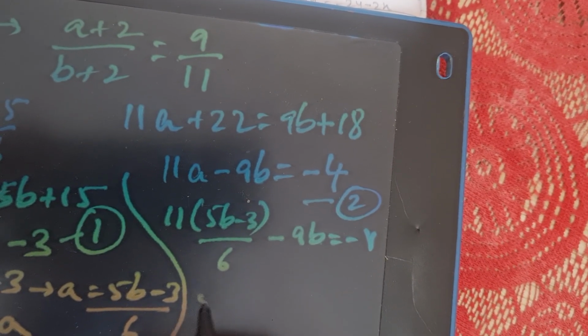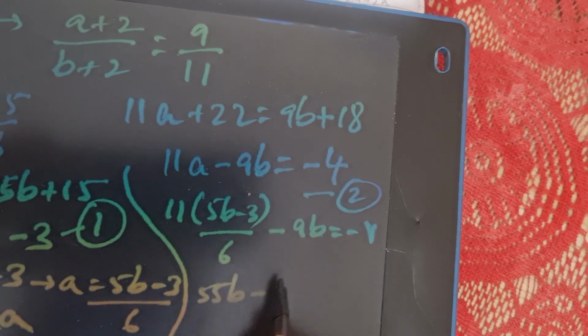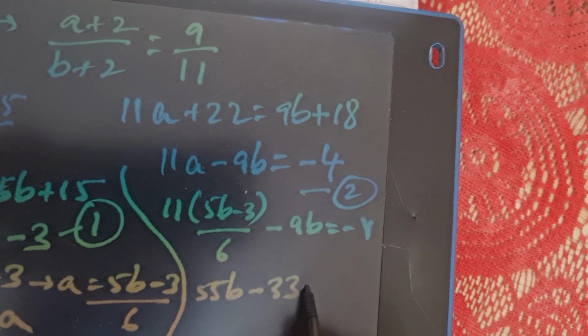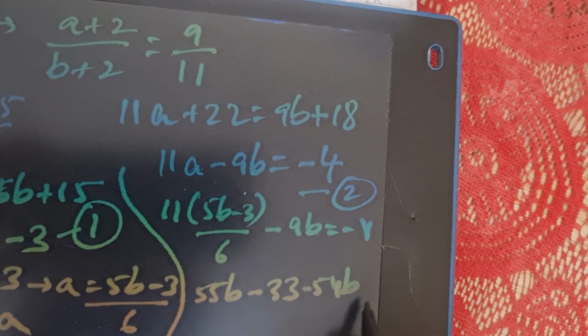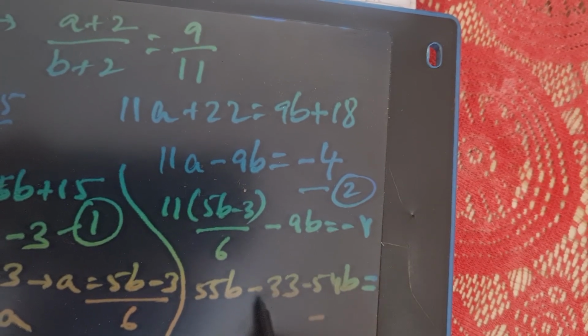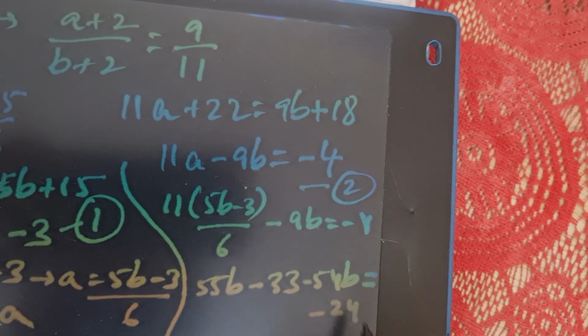So 55b minus 33 minus 54b is equal to minus 24.